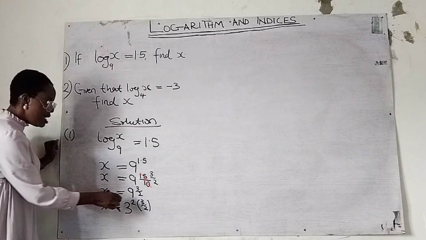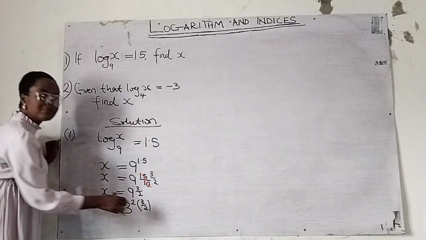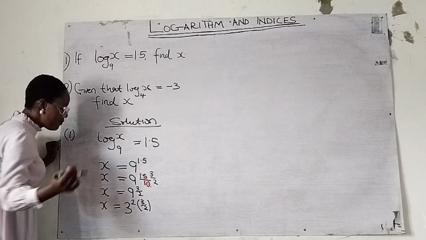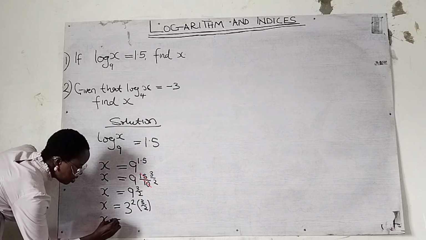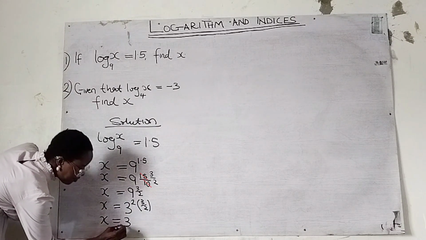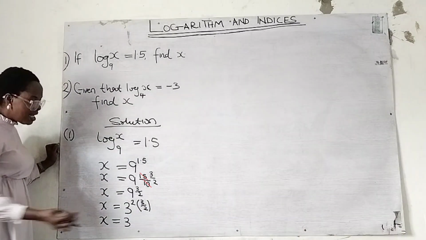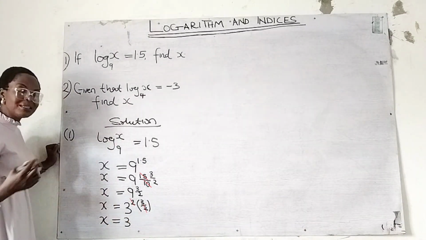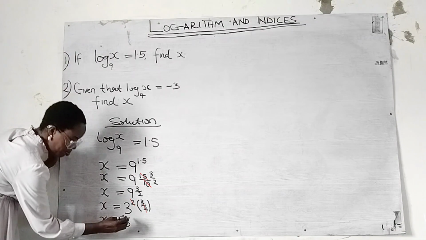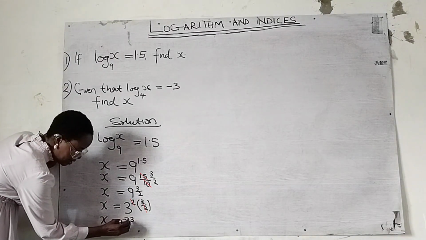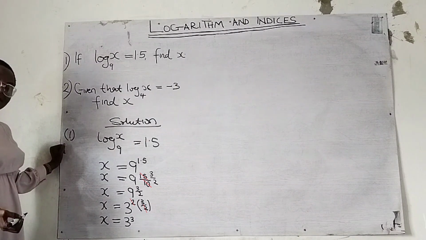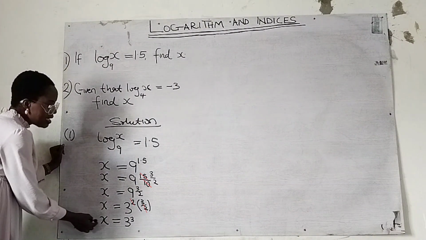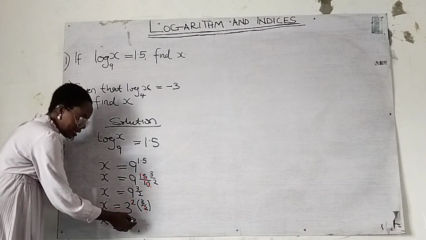I will say 2 divides 2. First of all, let me write the x. I carry down the x, put equals to, write down the 3. Then 2 cancels 2. What remains here is 3. I will put it here at the back of this. So what you have on the board is x is equals to 3 raised to power 3.